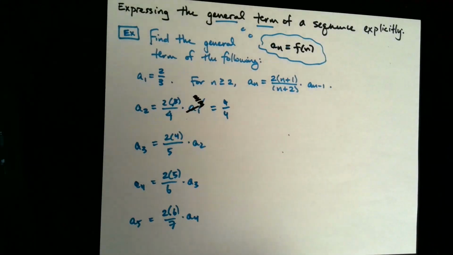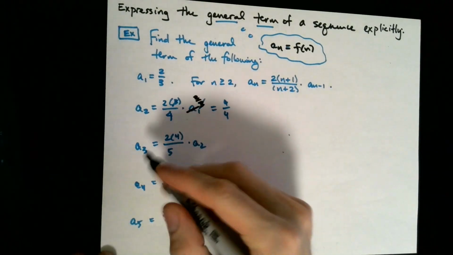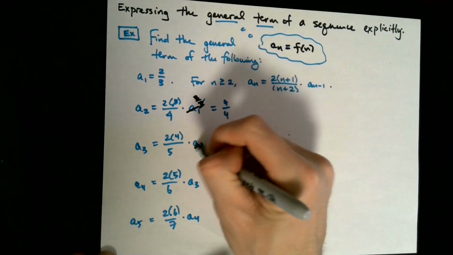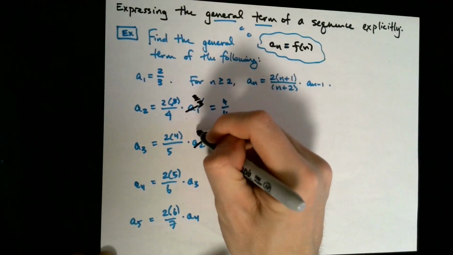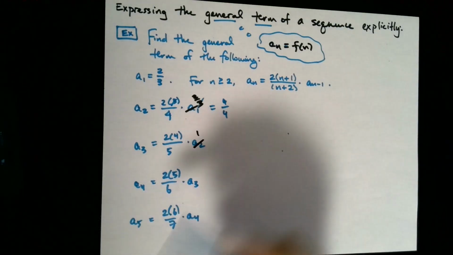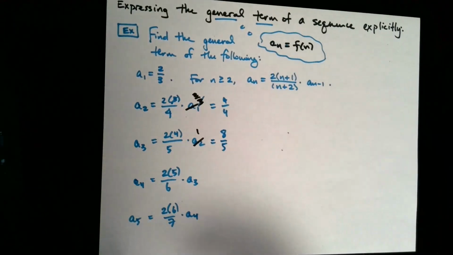So the second term in our sequence is 4 over 4, or, frankly, just 1. When we come down here and we see that a3 is this fraction times the second number in our sequence, then that's just this number times 1, because 1 is the second number in our sequence. Multiplying this out, that's 8/5. So now we know 8/5 is the third number in our sequence.